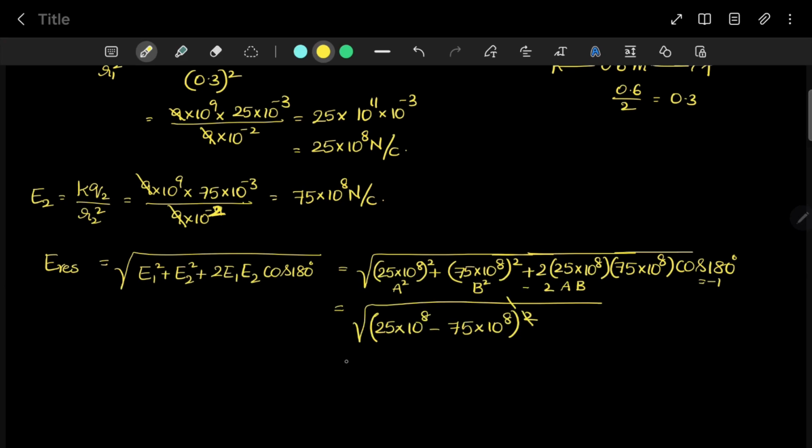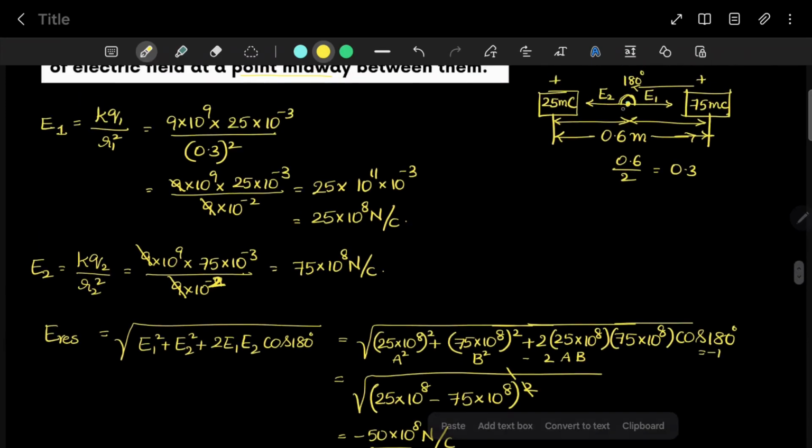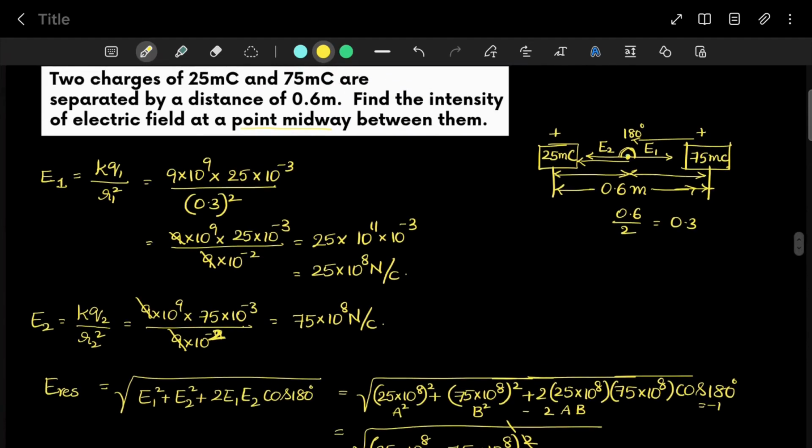Square and root get cancelled, which gives minus 50 into 10 power 8 Newton per Coulomb as the answer. Why did we get minus? Because the net electric field will be acting towards the left side due to this 75 millicoulomb. Is that okay?